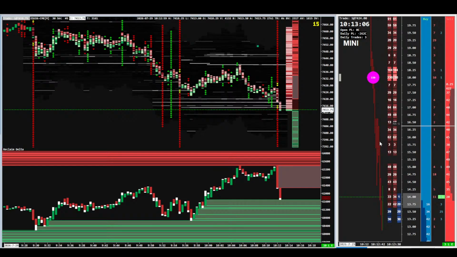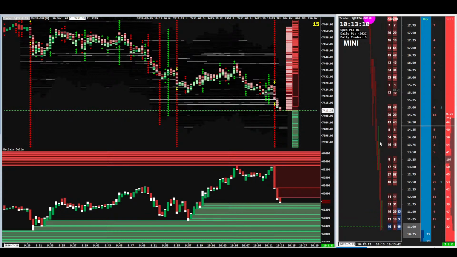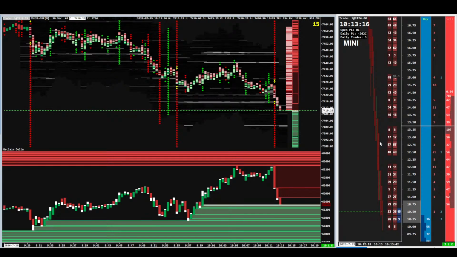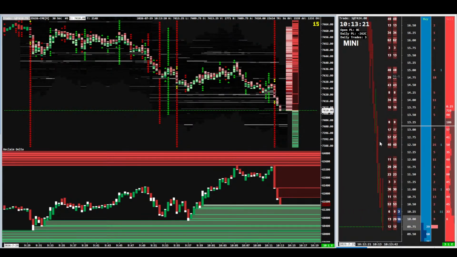Oh my god, look at it. It's just absolutely pissing. Like the pullbacks are so bad too. Yeah, that lagged my data feed for a second. This thing is just like a brick.